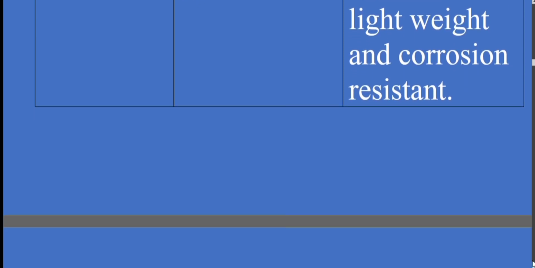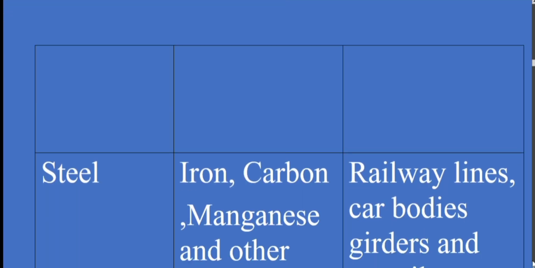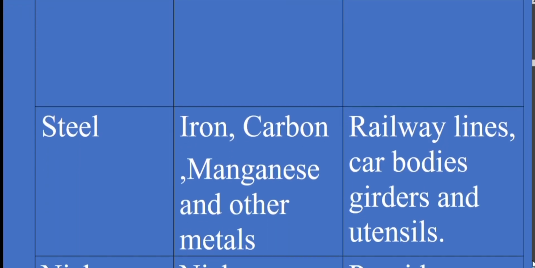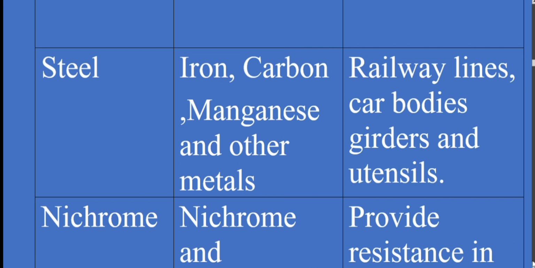So those are some of the alloys that are made from the melting of those metals to form the mixture. Another one we have is steel. It is a composition of iron, carbon, manganese, and other metals.